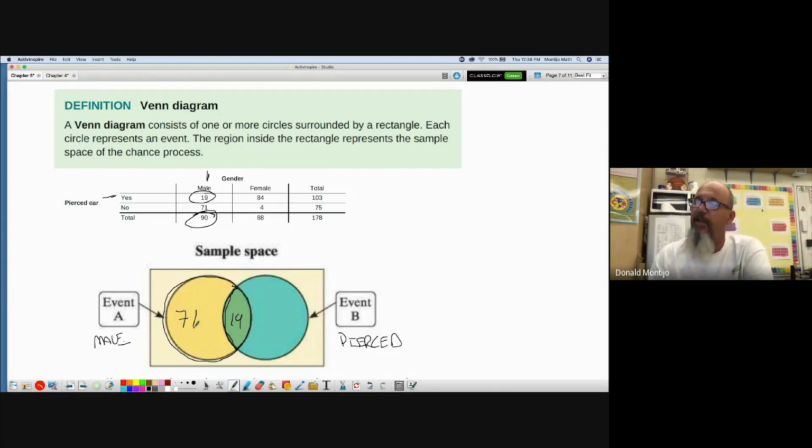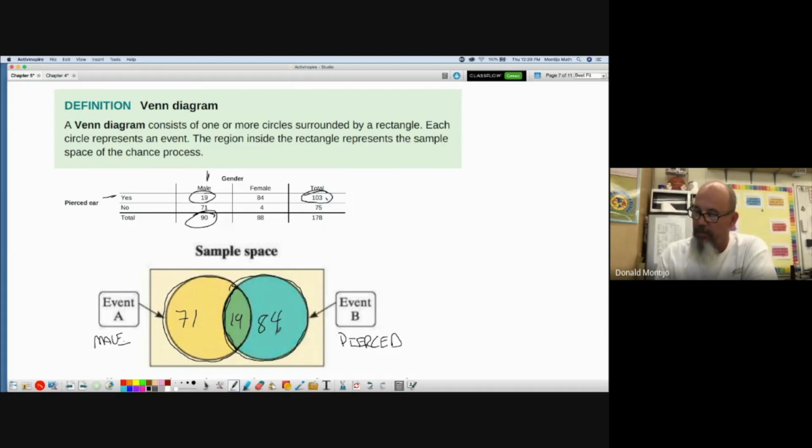And I can continue the process for ear pierced. There's a total of 103 students with their ears pierced. I already have 19 students with their ear pierced in this blue circle. So how many more do I need to get to the 103? I need 84.